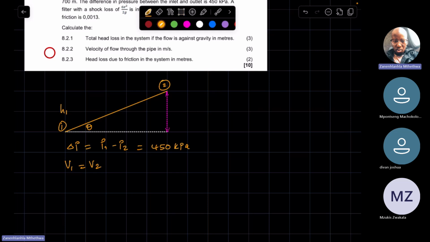Right, here you have H2, which is the height from here to there, right?